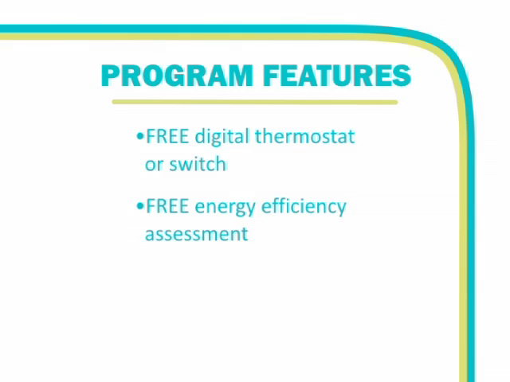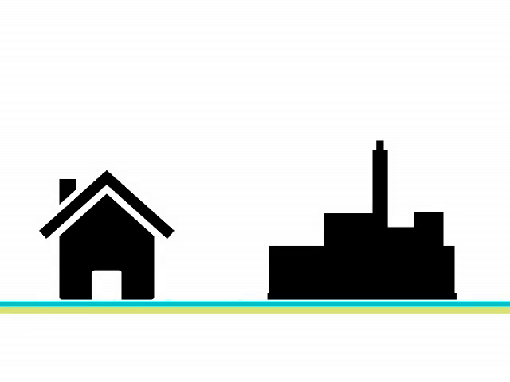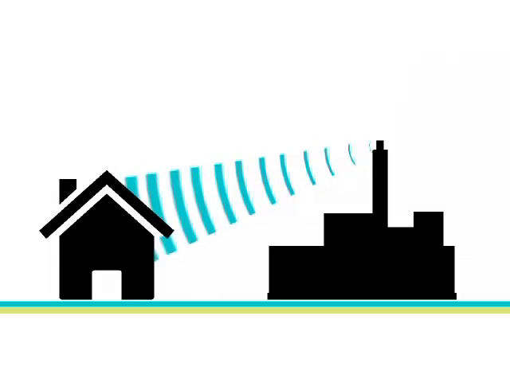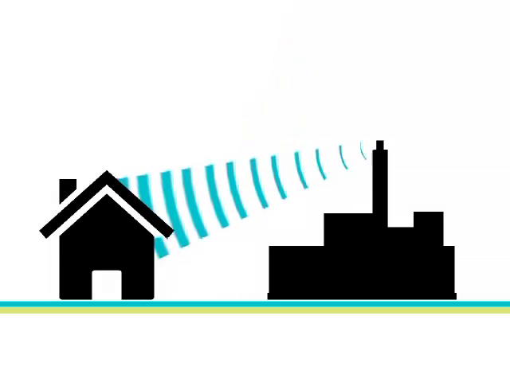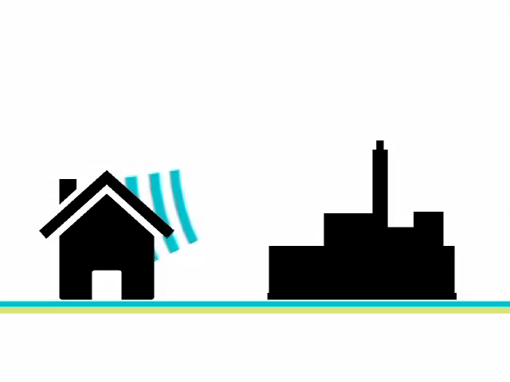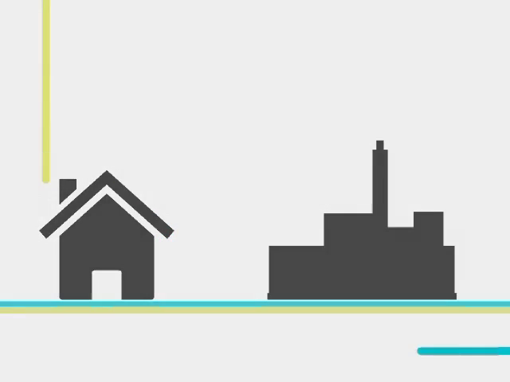The customer will also receive a financial incentive for the successful installation of a smart thermostat or switch. It is important to note that the local utility provider can send signals and information to the smart thermostat, but the smart thermostat does not send any customer information back to the local utility.